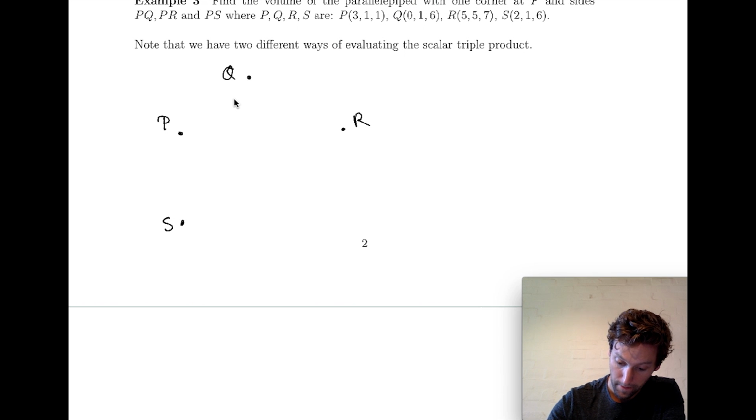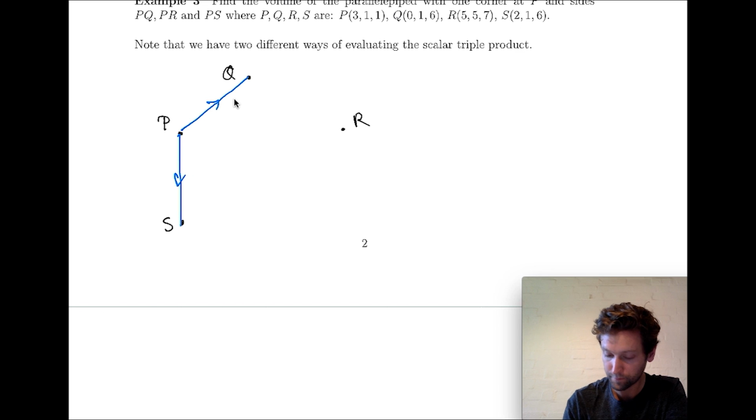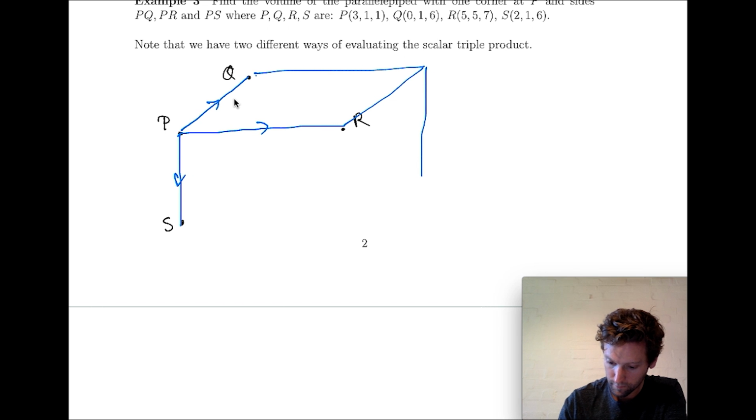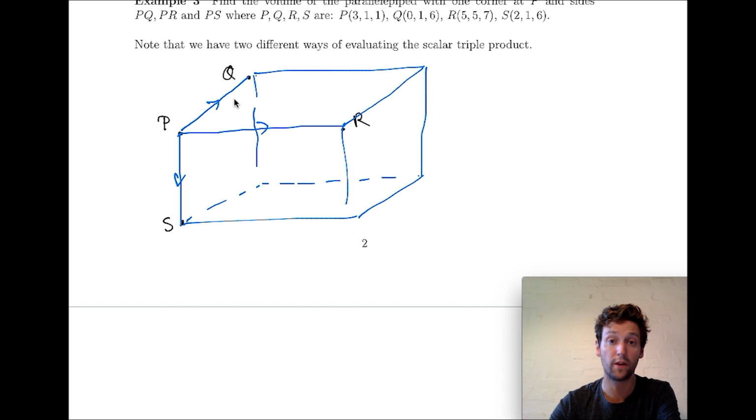I've got the vector from P to Q, the vector from P to S, and the vector from P to R. And that then allows me to define a parallelepiped, where all of those faces of that shape are parallel to one another. Okay, so we want to calculate what the volume of that shape is.